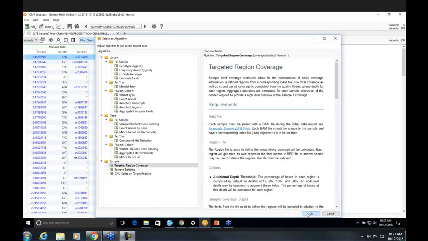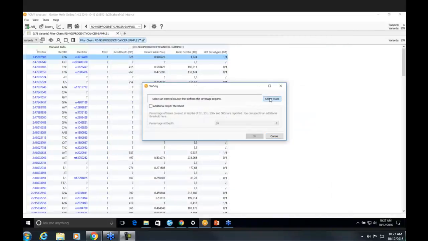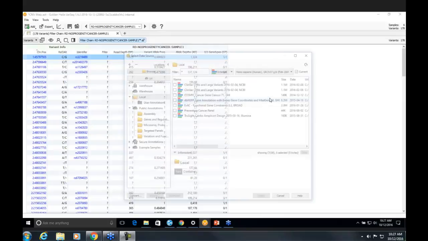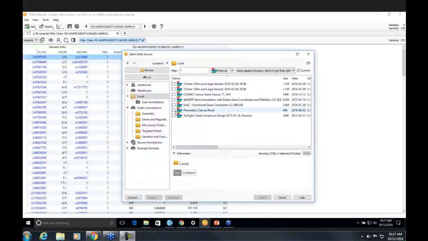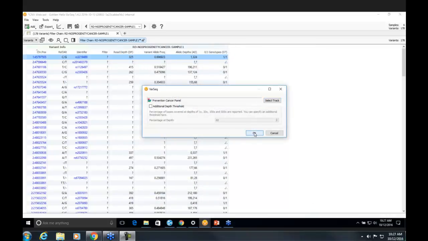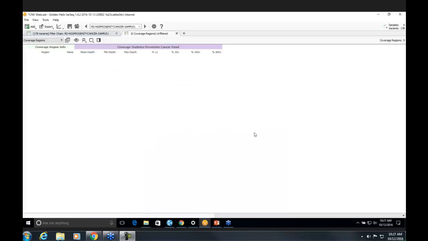Hit OK. And now we'll select a track, and this just defines the regions over which to compute the coverage. And so I have a cancer gene panel file here that was generated from a BED file, and so I will use that. Click OK. And now the algorithm has begun computing coverage over our samples.